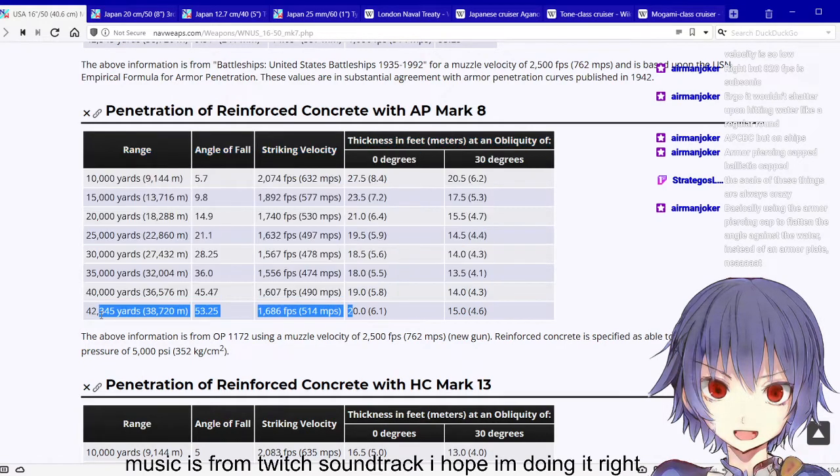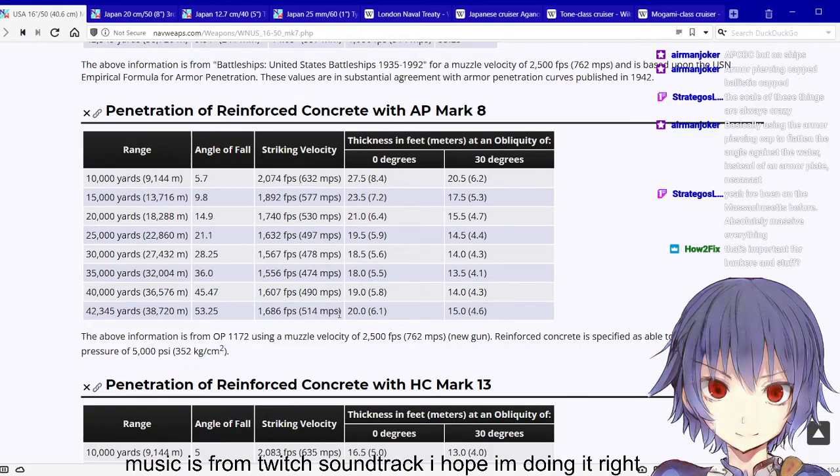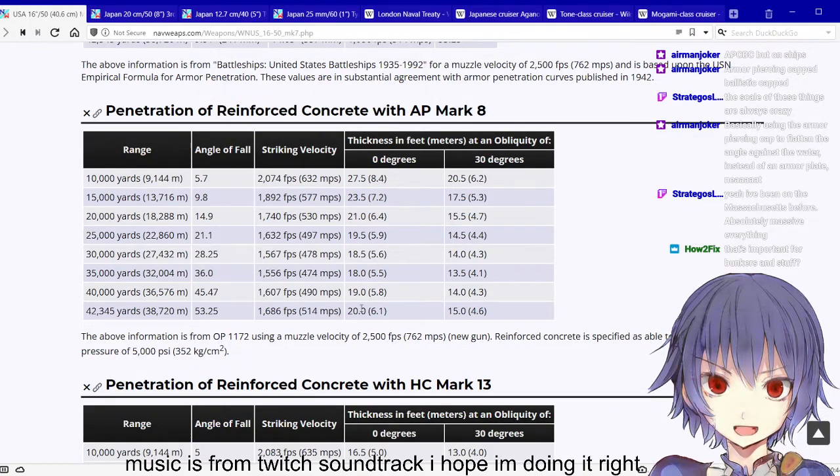At max range, it'll penetrate 20 feet of concrete in theory at an obliquity of 0 degrees. I don't know. So like flat concrete. That's important for bunkers and stuff?